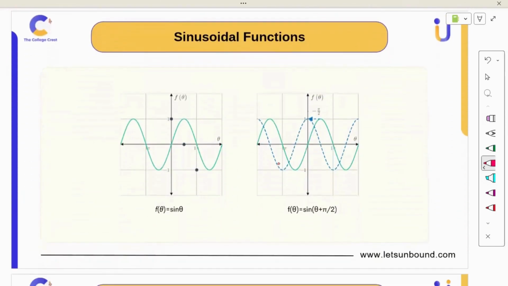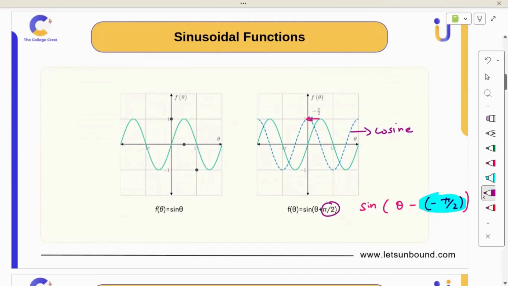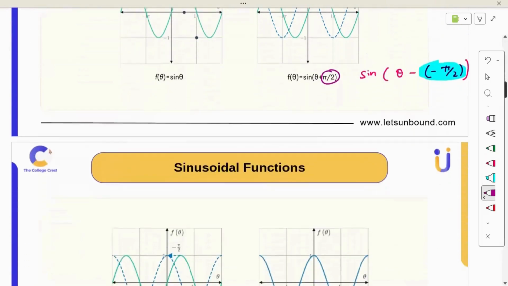Now, this is the explanation of why, for sine theta, I apply an additive transformation. Sine of theta plus pi by 2 means what? Sine of theta minus pi by 2 would move the graph pi by 2 to the right, but because it's plus, I'm moving pi by 2 to the left. So we are taking care of this, and I got this dotted blue graph. It's nothing but your cosine graph. So sine becomes cosine after I applied an additive transformation, right?